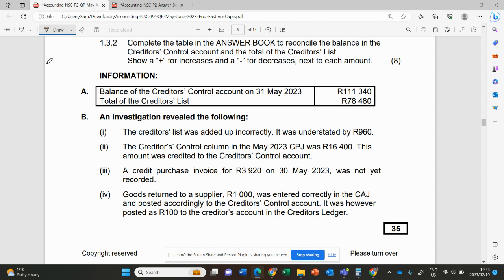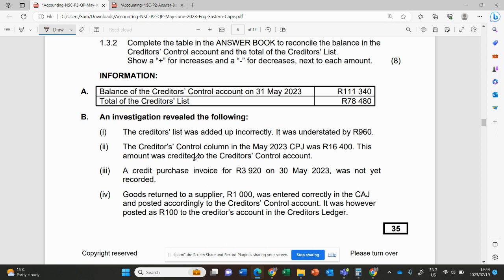The transaction comes from the CPJ, so it is a payment. And the payment should reduce the liability, the debt. The liability should decrease on the debit side. The creditors control account is a liability.